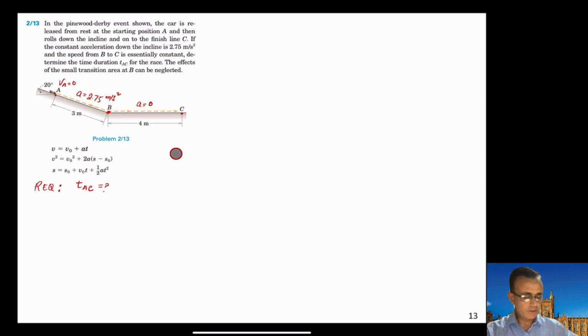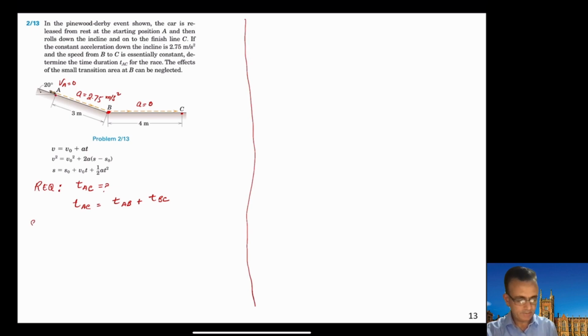So you need to calculate the time that the car will take from A to C. Obviously this TAC can be split into two times, TAB plus TBC. We can solve this in two steps.